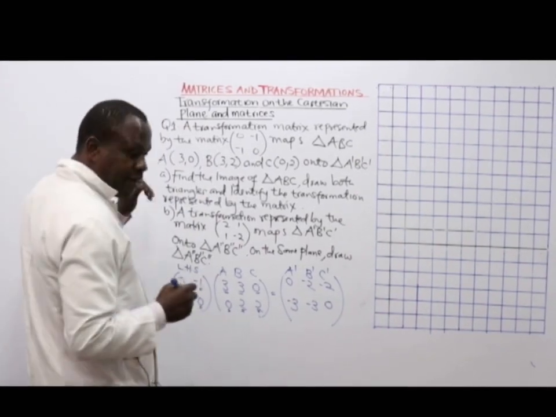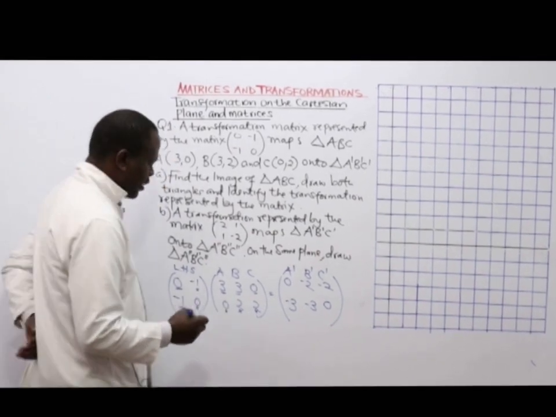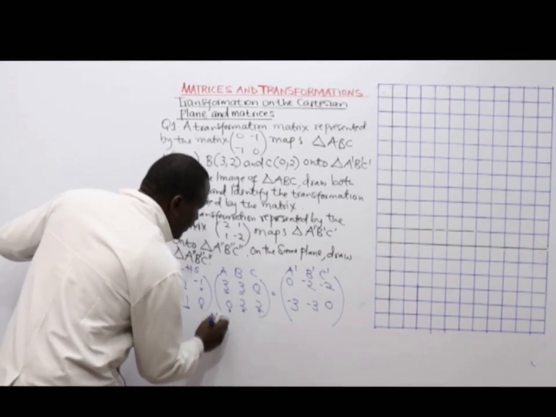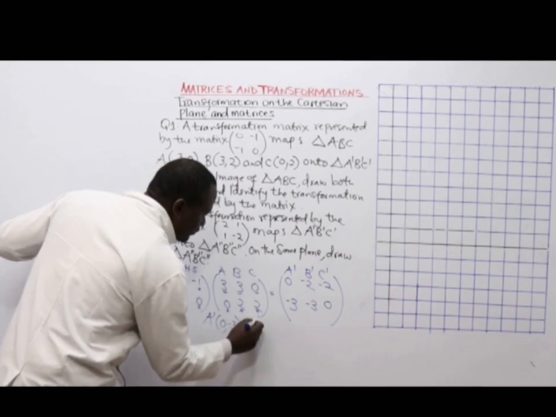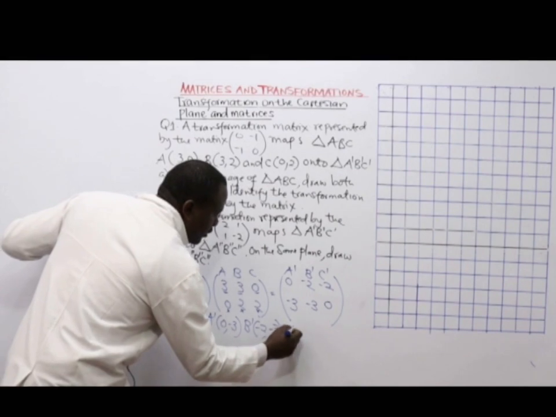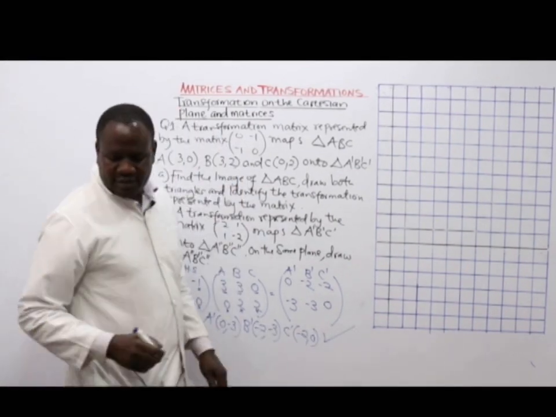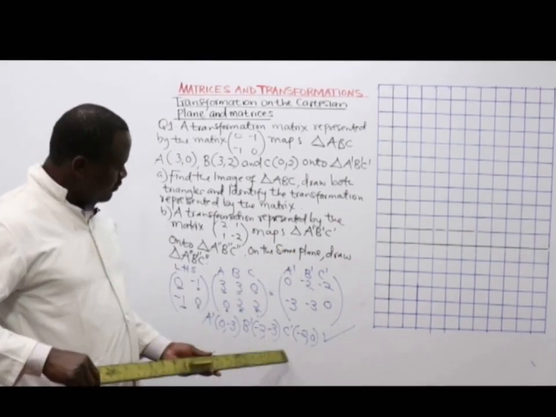Now remember, we have to write the answer like this. A prime, (0, -3). B prime, (-2, -3). C prime, (-2, 0). For it to be marked, because coordinates are not in a column form.